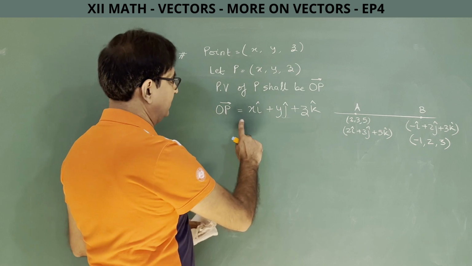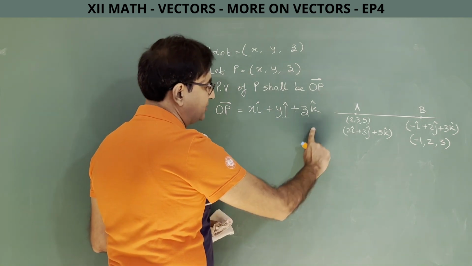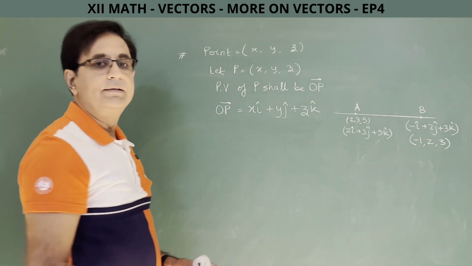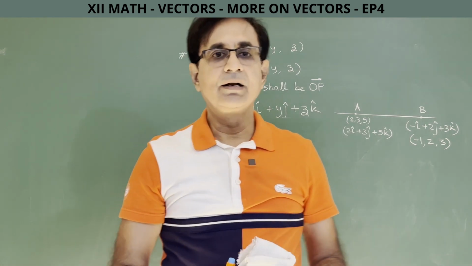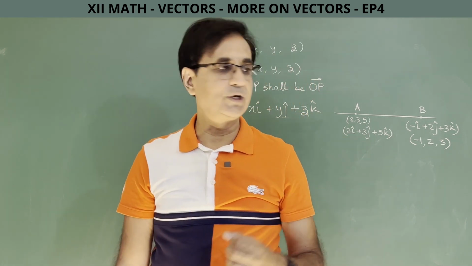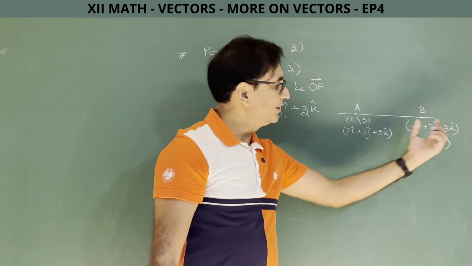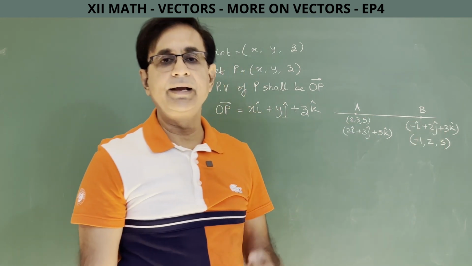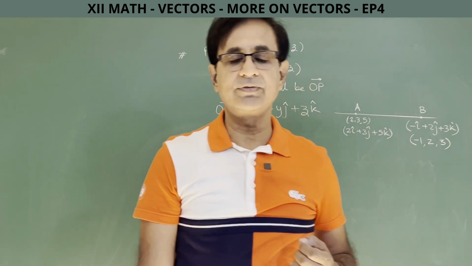In this vector, two pieces of information are very cleverly hidden: the magnitude of the vector as well as the direction of the vector. Now the question is, how do I extract these two pieces of information from this vector? How do I find the magnitude of this vector and how do I find the direction of this vector?